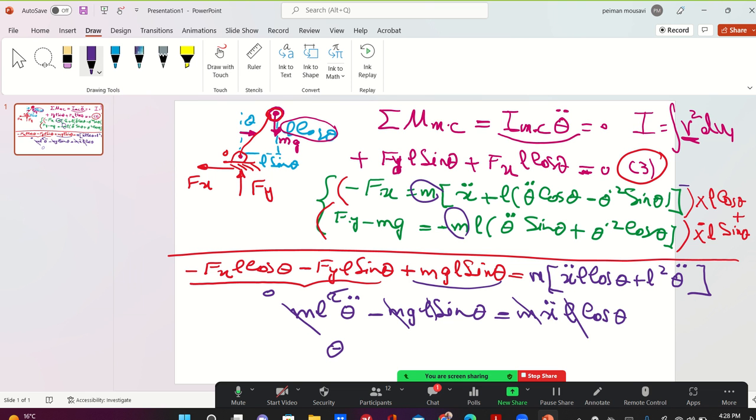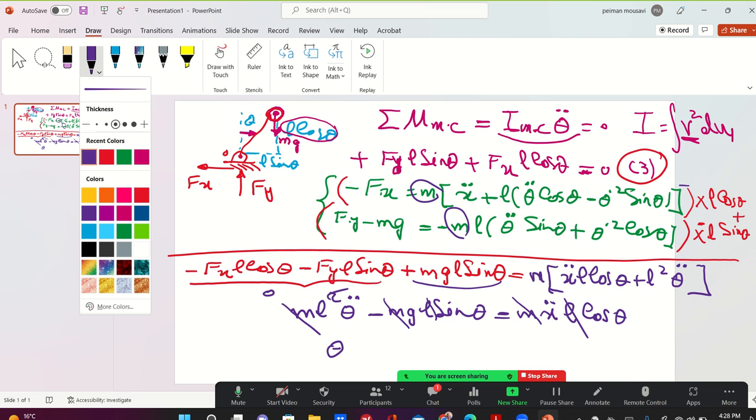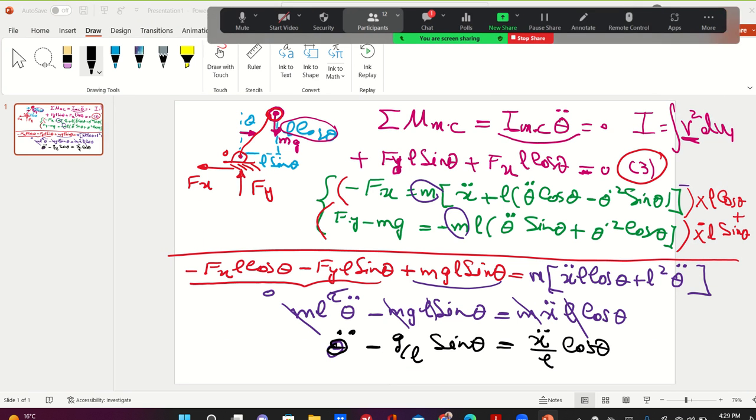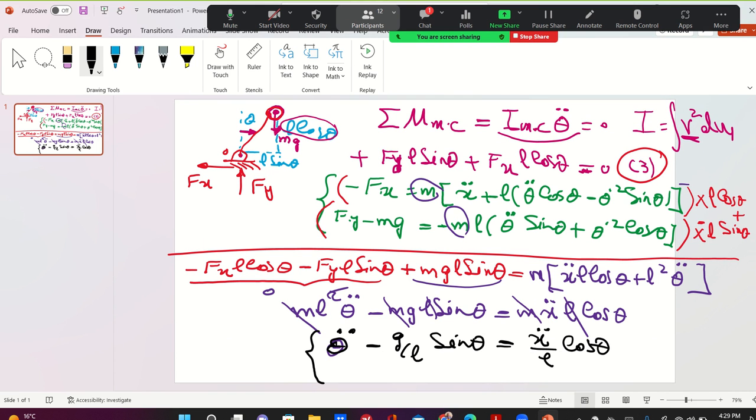So we're going to have theta double dot minus G over L sine theta equals x double dot divided by L cosine theta. And bingo, you found the nonlinear differential equation, or equation of the motion, of your upper torso when your hip moves.